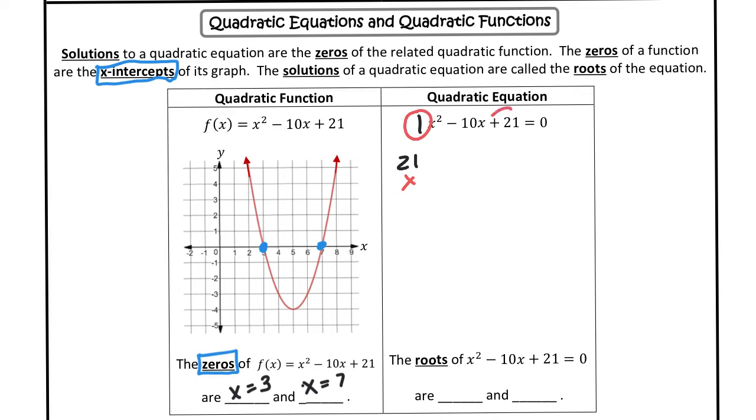Two numbers that multiply to give me 21 and two numbers that add to give me negative 10. So that's going to be negative 7 times negative 3 gives me positive 21. And negative 7 plus negative 3 is negative 10.